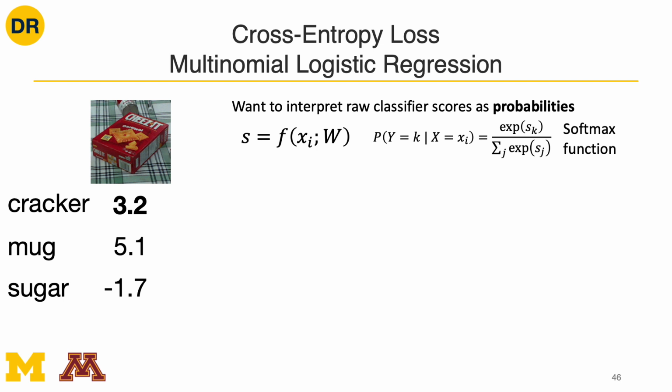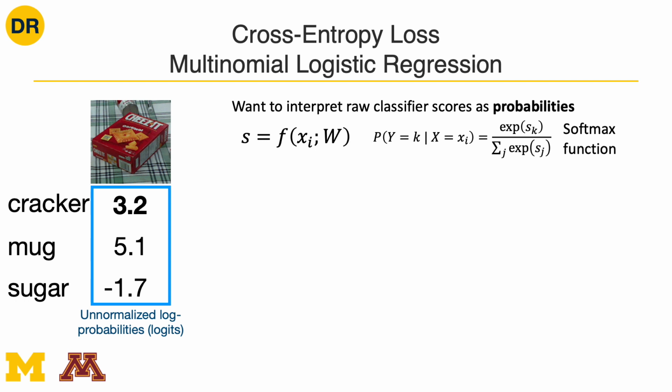So in the upper right-hand equation, the probability that the label is equal to some class k, conditioned on the input x being equivalent to the input image x sub i, is just the exp function of the score for the particular class that we're interested in, divided by the sum of exp of all of the classes' scores. That is just a normalization of the exp function evaluated on all of the classes.